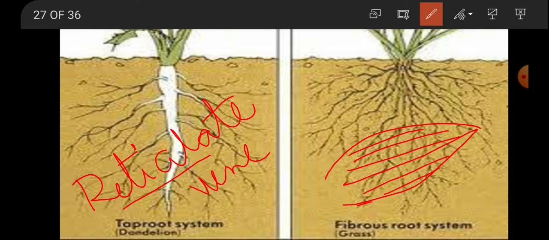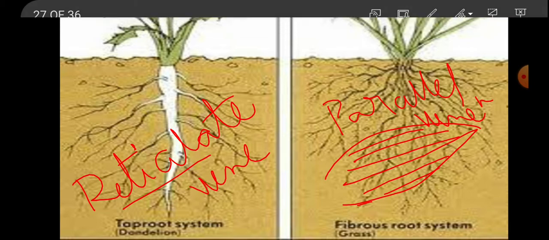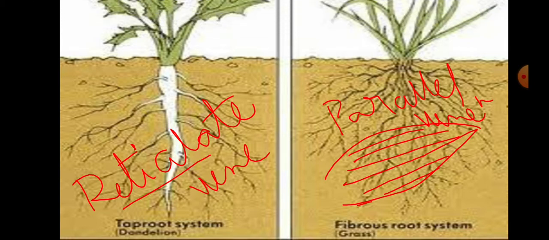They will not form any network, like grass, rice. These are some of the plants where you will see a fibrous root system with parallel venation. So we came to know till now about different types of root systems present in the plants: one as a taproot system and the second one as a fibrous root system.